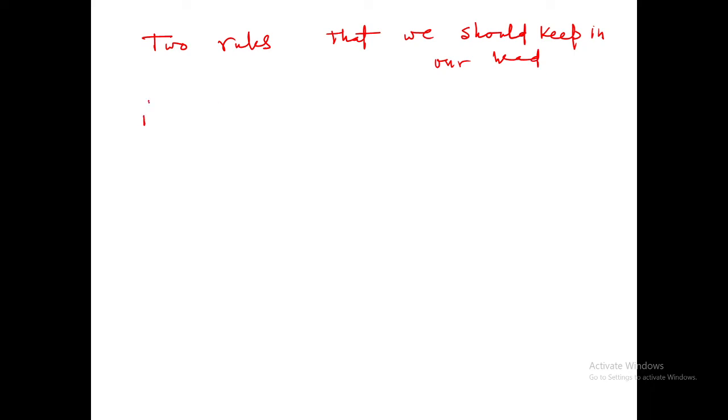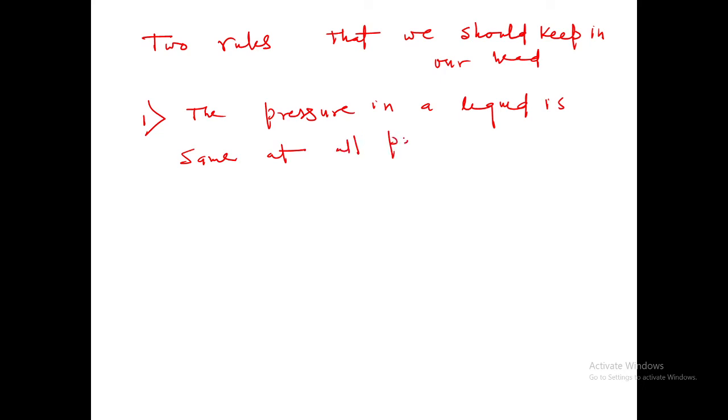First, the pressure in a liquid is the same at all points at the same horizontal level.